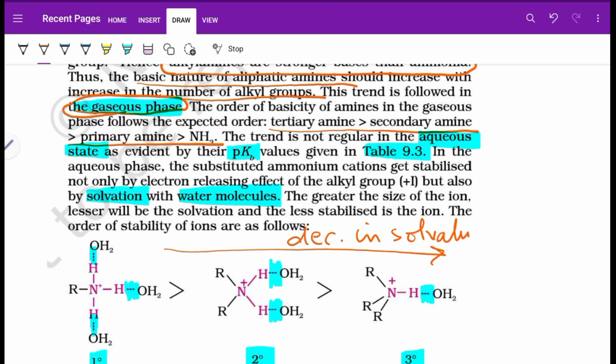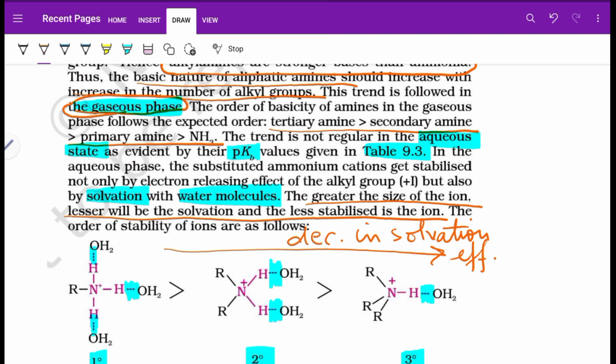This is in decrease in solvation effect, or decrease in the order of the extent of hydrogen bonding. So greater the size of the ion, lesser will be the solvation and less stable will be the ion. Why?